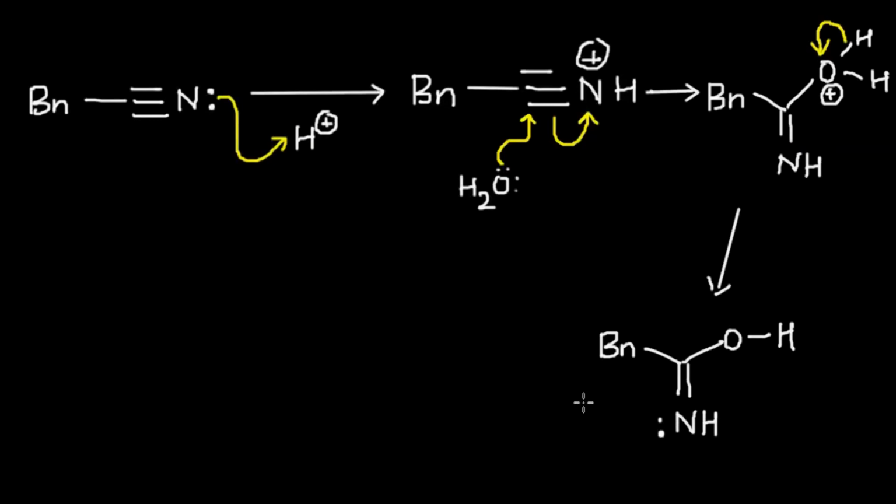The lone pair on nitrogen is going to attack the proton and give you iminium ion.